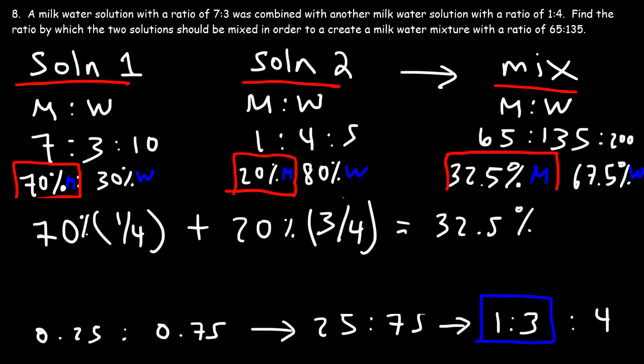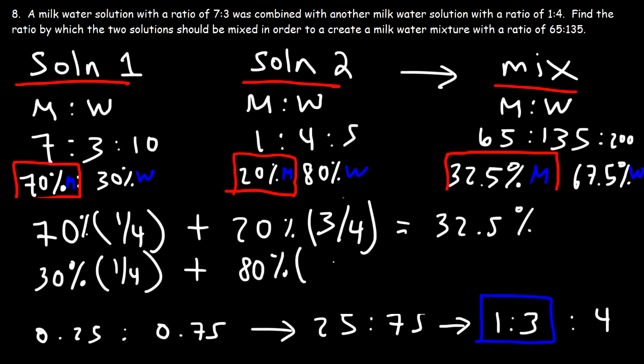Now we could confirm the other answer. So let's focus on the water. In solution 1, the concentration of the water is 30%, and solution 1 is 1/4 of the mixture. In solution 2, the concentration of the water is 80% times the fact that solution 2 is 3/4 of the mixture.